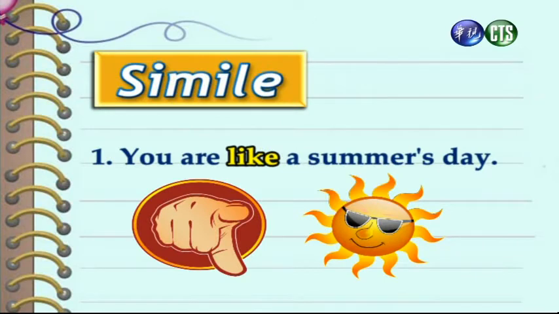All right, so now let's take a look at this sentence over here. You are like a summer's day. And this sentence compares the subject you to a summer's day.